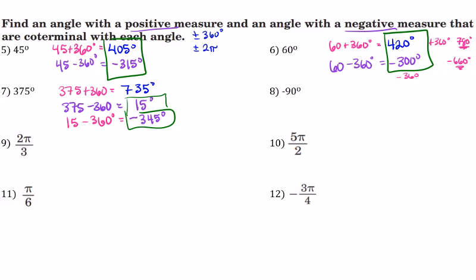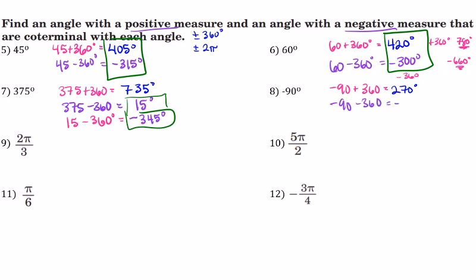Okay. All right, number 8. So here we have negative 90, and so I'm going to add 360 to get to a positive, and that gives me positive 270. Okay. And then I'm going to take negative 90 and subtract 360, and that'll get me another negative.